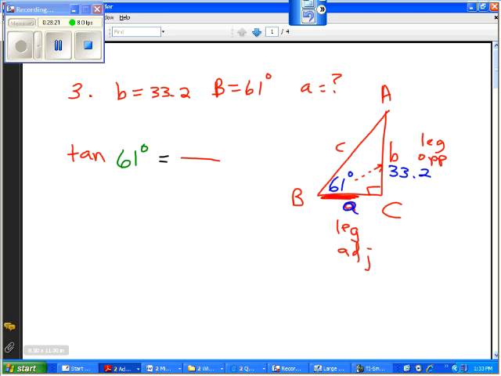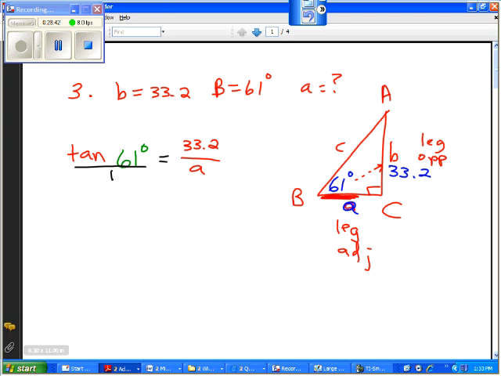And to get the fraction, we do what that function says. The tangent function says you put leg opposite over adjacent. Now we have a tangent function with a variable in the denominator. How did we take care of it if there was a variable in the denominator?